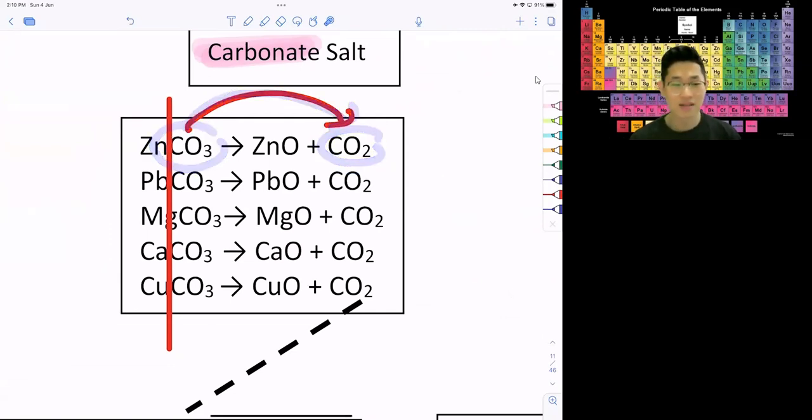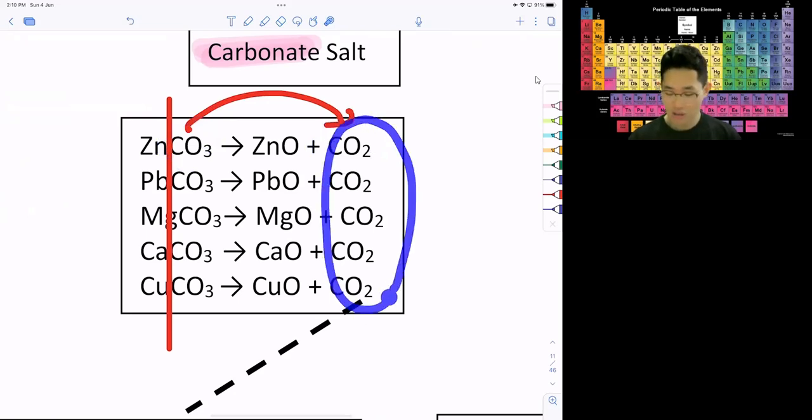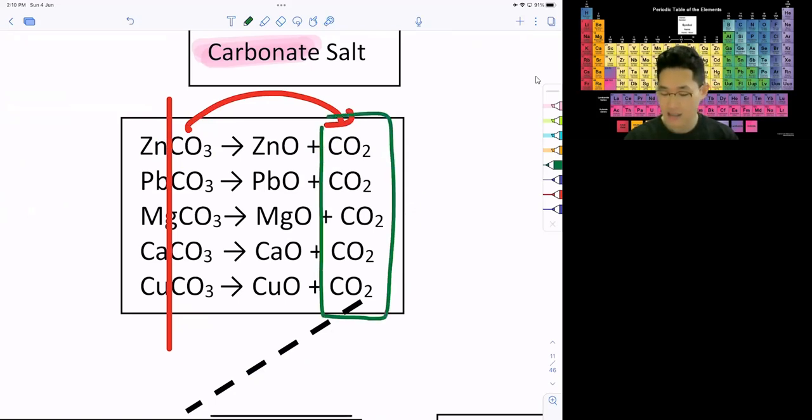Mother and son. So every time you see CO2, it means the salt has CO3 as well. And can you see there is only one type of gas being produced.